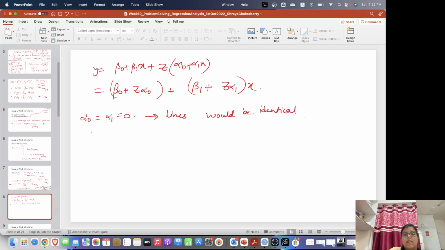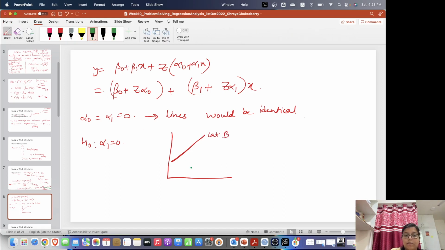But if not, let's say this is our H naught, alpha 1 equal to 0, then what we mean is that this is category, let's say B, and our category A would be something like this. So the intercepts might differ, because for this one the intercept would be beta naught.